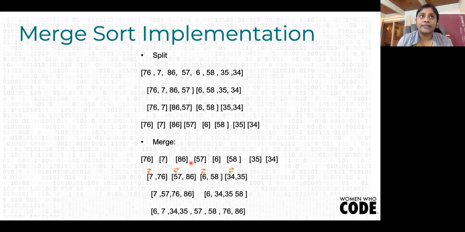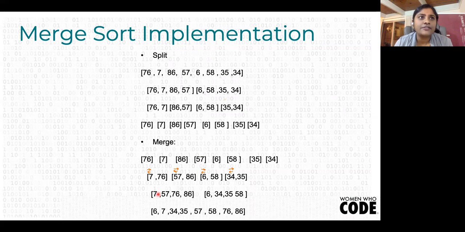So here there is 86 and 57. You compare it, sort it, and add it in a sorted way, 57 and 86. We'll see in detail how we are doing the merge step, but this is just an overall idea of how this algorithm works in general. We'll get into the nuances in the next slide or so.